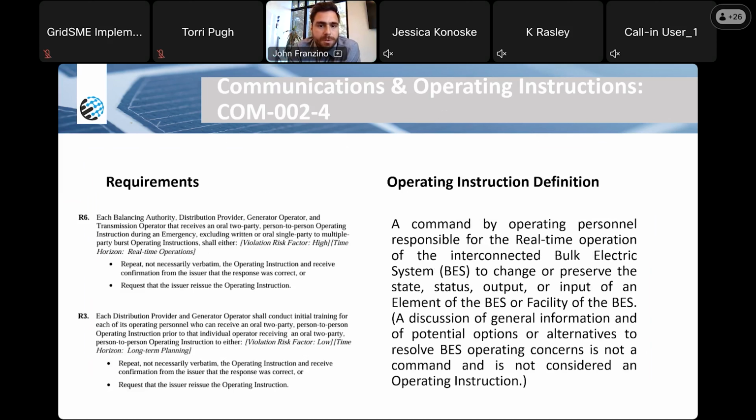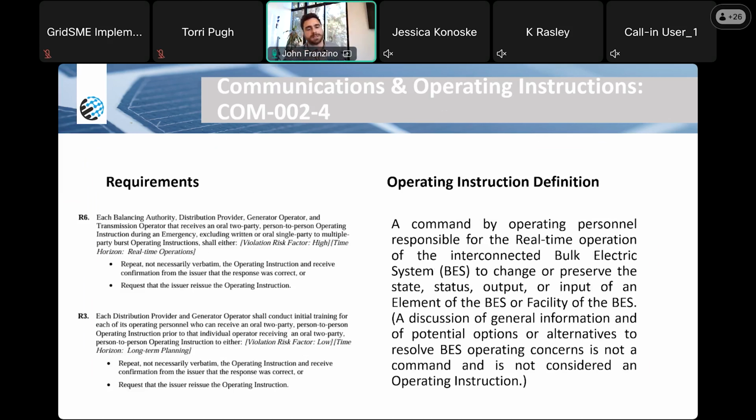So we're going to talk about COM-002 now. And COM-002 is all about using three-part communication when receiving operating instructions. Probably let's first focus on the operating instruction definition.